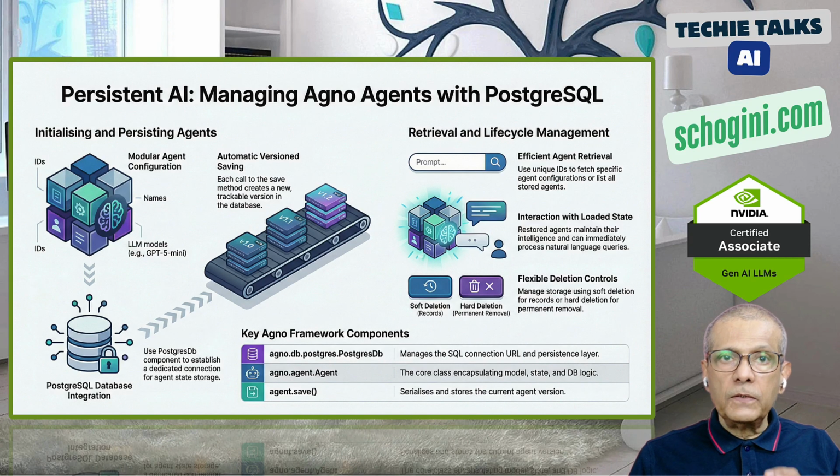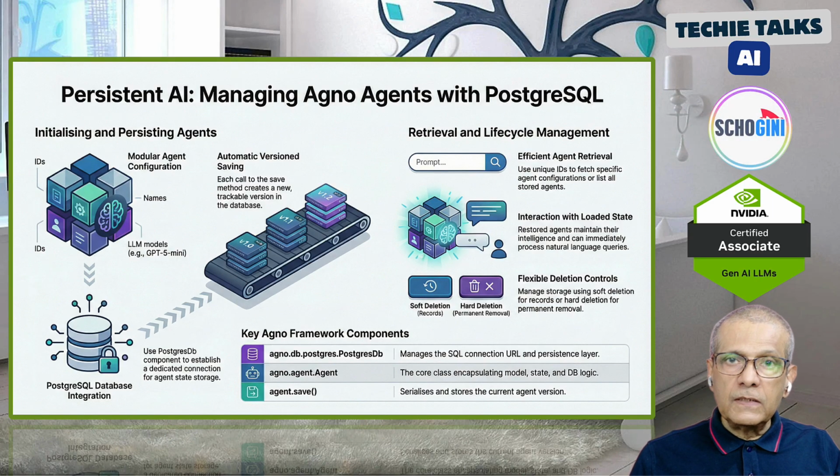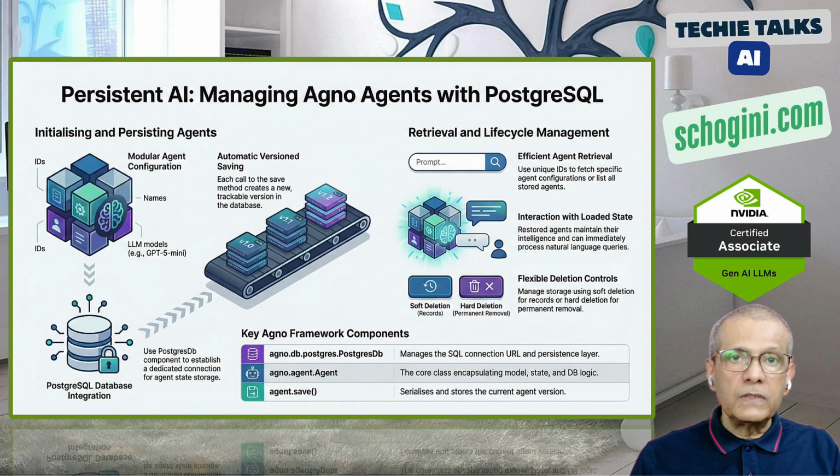By the end of this video, you will know how to save AI agents like software artifacts, reload them across restarts, track versions over time, and manage agents like first-class production assets. Let's begin because stateless agents don't scale.